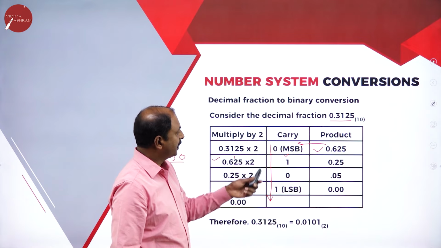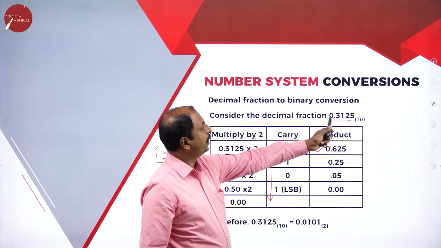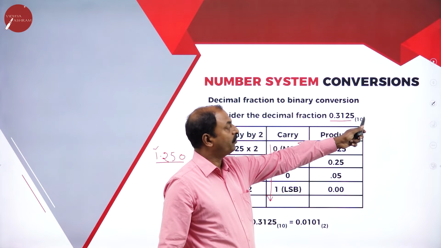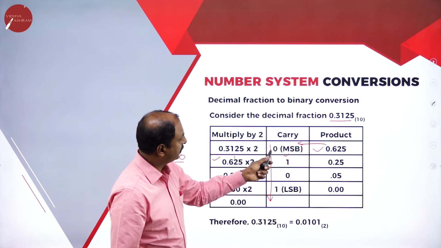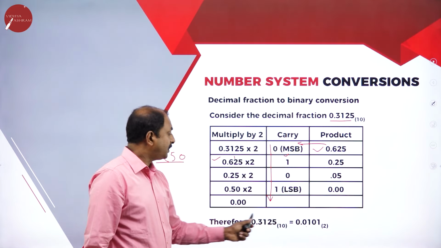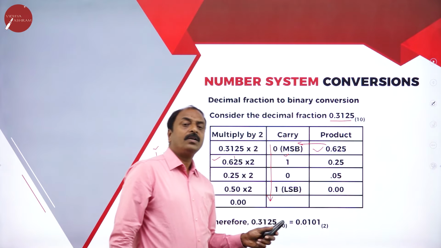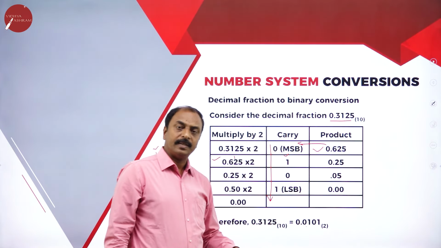So in this case, 0101. So 0.3125 of base 10 is equivalent to 0.0101 to the base 2. So this is how we convert a decimal fraction to a binary number.